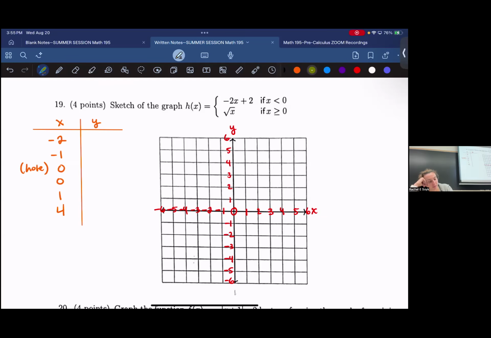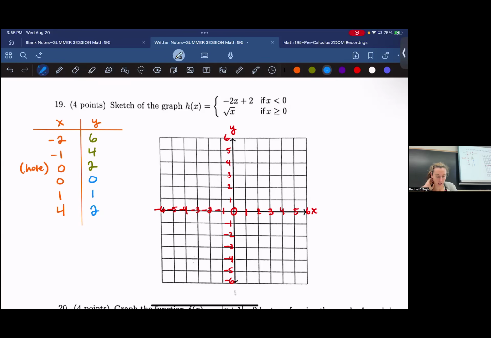Now we're just going to plug in. -2 times -2 is +4, plus 2 is 6. Then -2 times -1 is +2, plus 2 is 4. And then at 0 we have 0 plus 2, which is 2. Now let's go to that bottom equation. The square root of 0 is 0, square root of 1 is 1, and square root of 4 is 2.